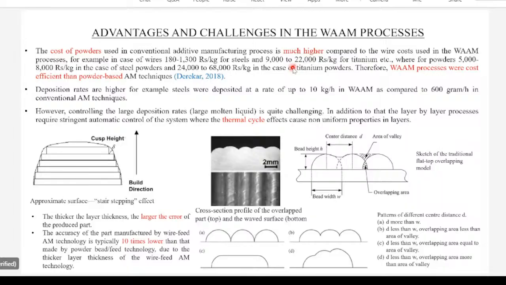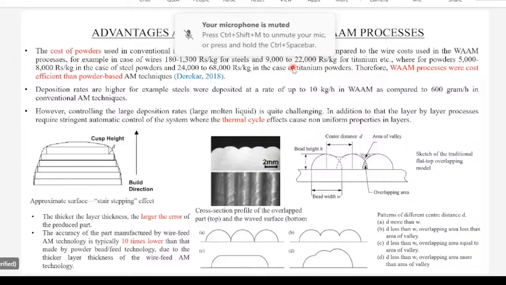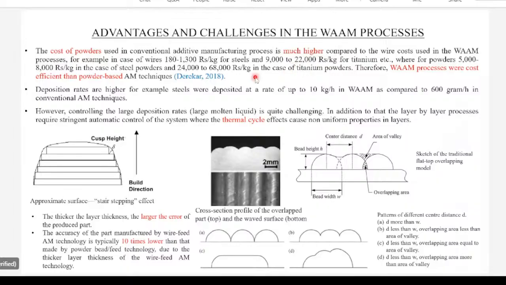And it is increasing. The powder demand is increasing, so the cost is also increasing. And it is not only 1 kg we have to use in powder bed fusion. It is like 10 to 15 kg we need in bulk, then only we can fabricate a single component, which is also dimensionally constrained.